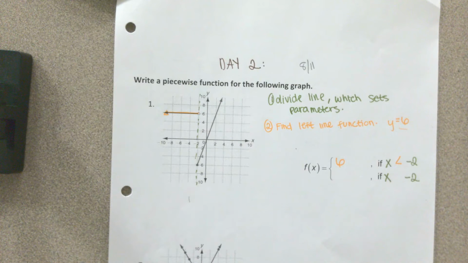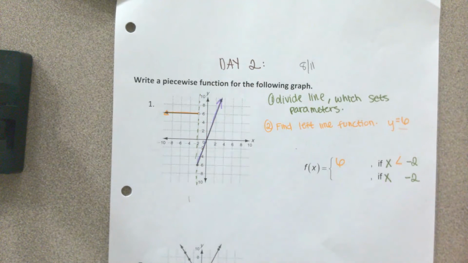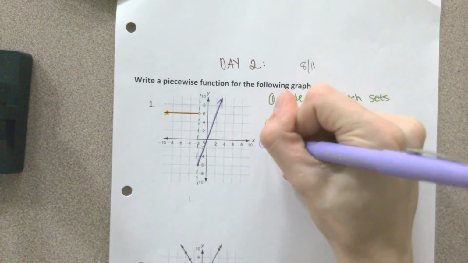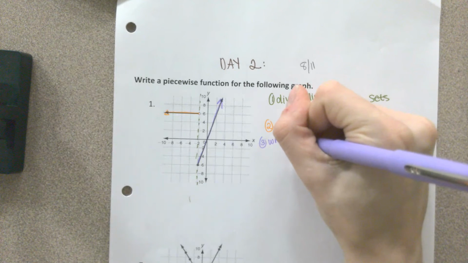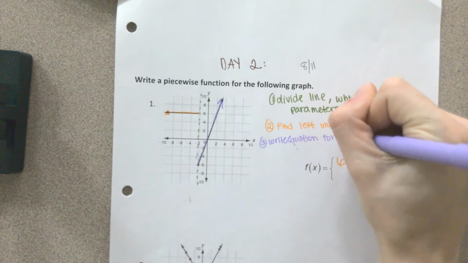So now I want to obviously write the equation of my right line. Okay, so step 3, equation for right line.